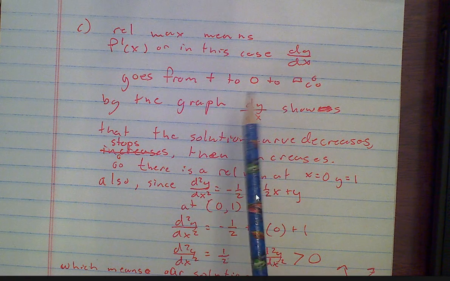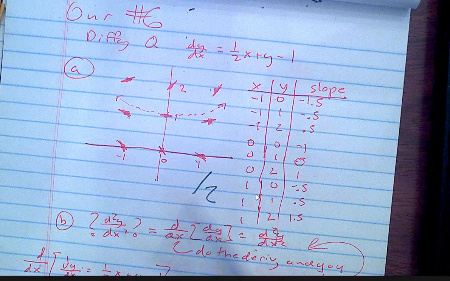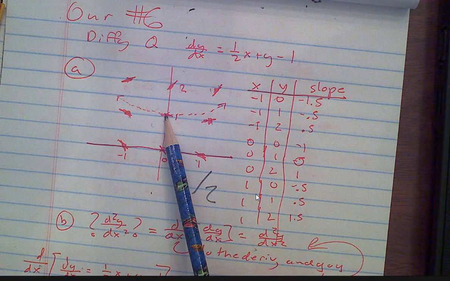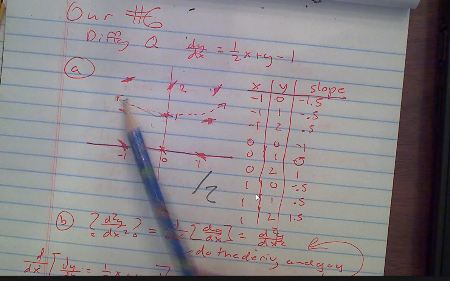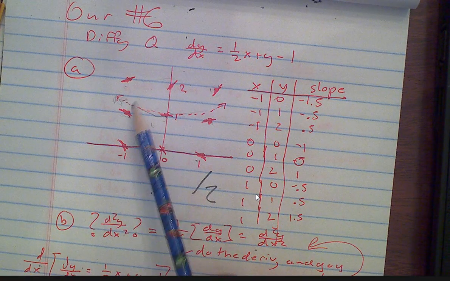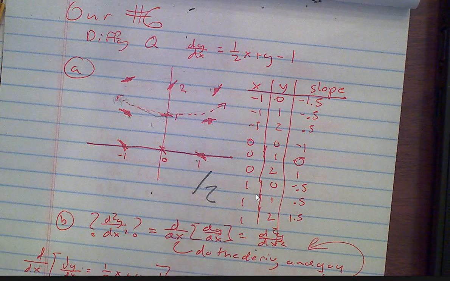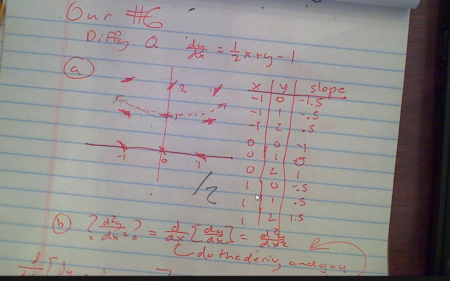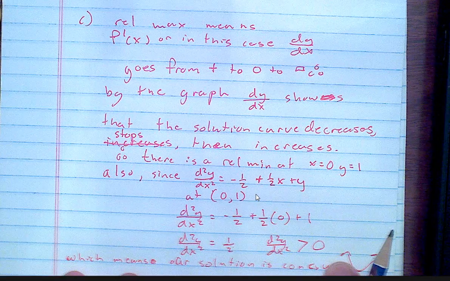What I did at first was look at the graph, and I said, if I look at that point, the solution curve at that point has to follow these guidelines, and these guidelines state that the slope is going to be negative, 0, then positive. So I knew it was a relative minimum right off the bat. In some cases, I guess AP readers may or may not like that.